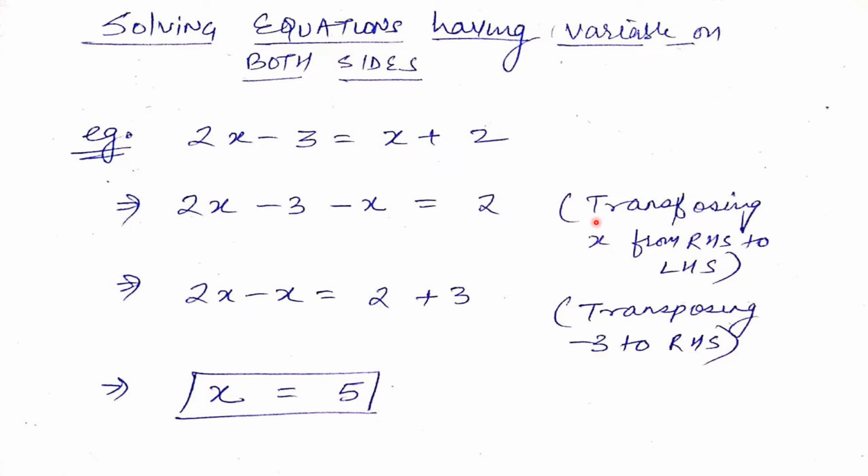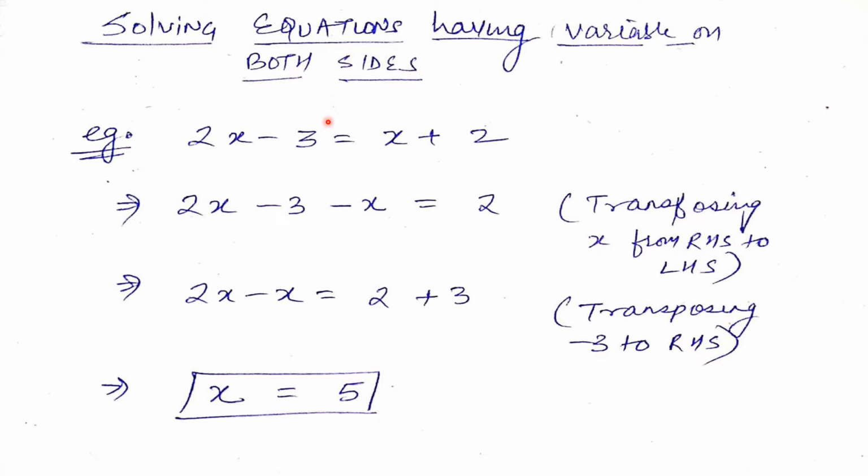So in the first step, I am transposing x from right hand side to left hand side. You can see x here is positive. So when it comes this side of equal to, it becomes negative. Mind it, the person who is crossing the border, only that person's sign or what you say place will be changed.